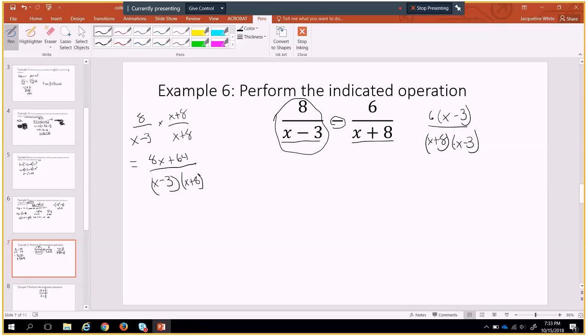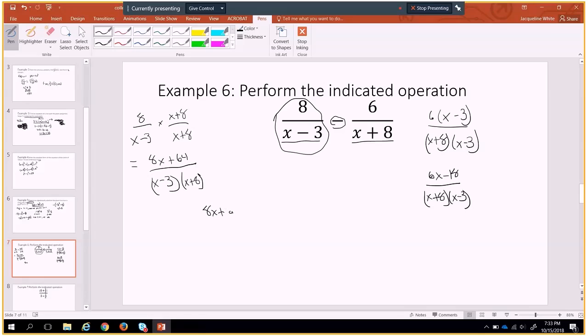So let's distribute that 6 inside to get 6x minus 18 over x plus 8 times x minus 3.